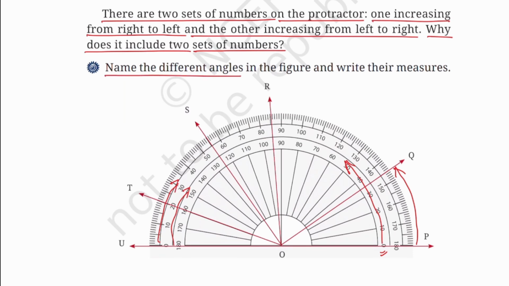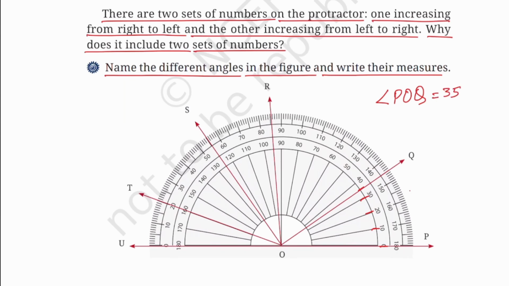Name the different angles in the figure and write their measures. You have to see different angles in this figure and write the measures. Angle POQ. If you count 0, 10, 20, 30 and 5, that is 35 degree.